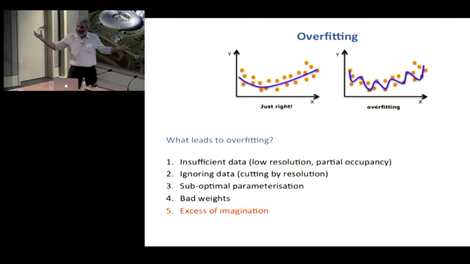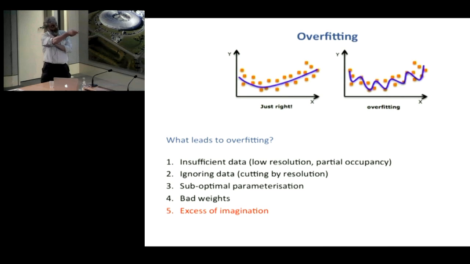When you build a model, you would like to describe the signal, not the noise. Let's say that your signal would be like that. But when you observe, you will never have an observation exactly on this line. There will always be some noise around that line. And if you use only two parameters, then you will have some line like that.